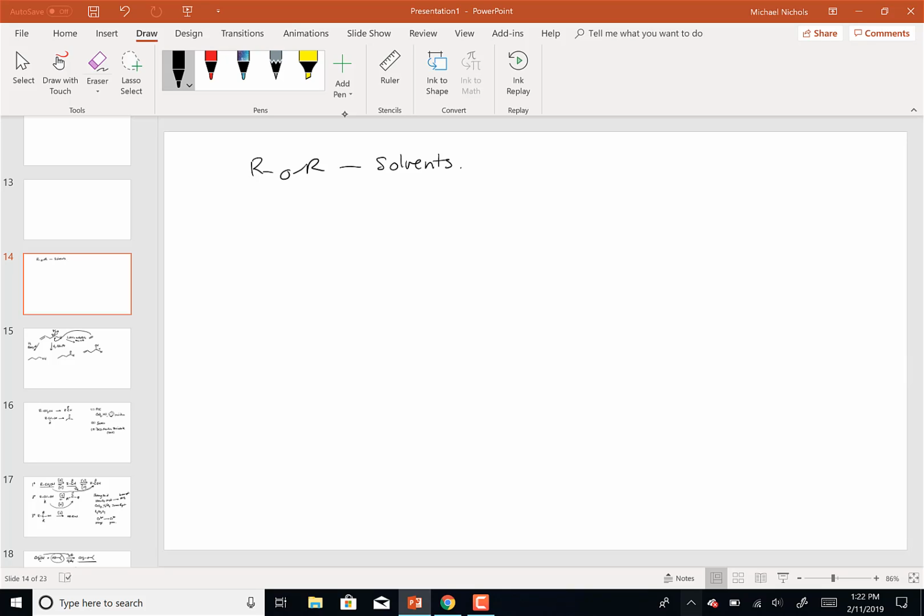So when we make a Grignard reagent, in your book you'll probably see more about the solvent. Those tend to be made in ether solvents because they're not soluble in hydrocarbons. They're not soluble in pentane or hexane or benzene aromatic solvents. And so that's one place where they're used. The oxygen will bind to the magnesium and make it soluble.